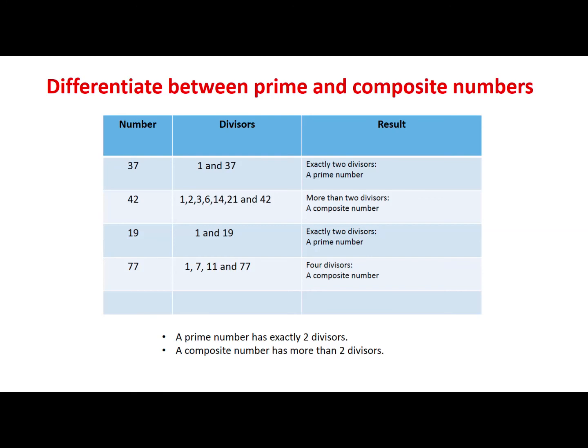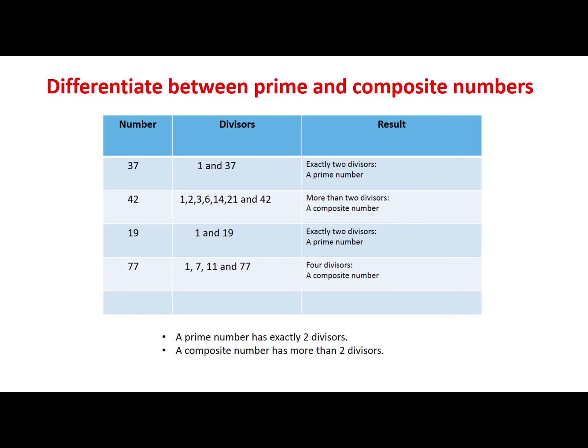Now students, let us do some more activities for your better understanding. See this chart, which shows the difference between prime and composite numbers. In the first column, there are some prime and composite numbers.